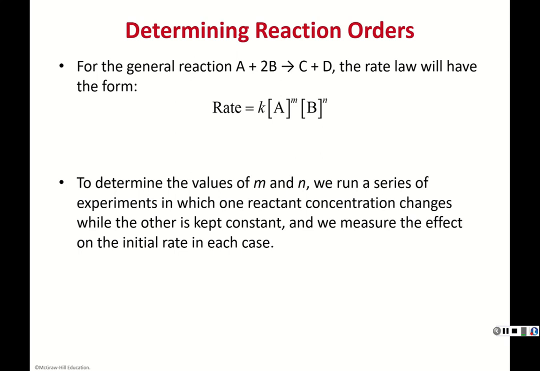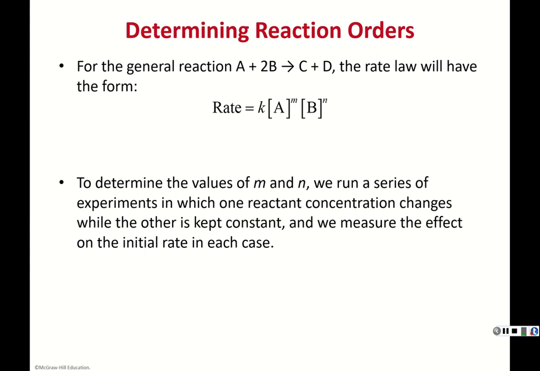So how do we determine reaction orders? We've said before these have to be determined experimentally. So how do you do that? If we have our generic reaction A plus 2B going to C plus D, we can write our rate law, what we know it's going to be, k times A to the m power times B to the n power, and now we have to find out what m and n are.